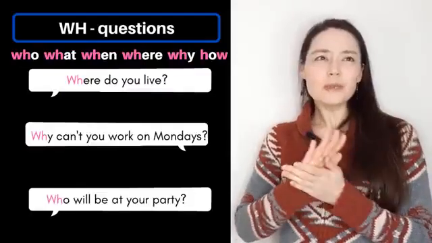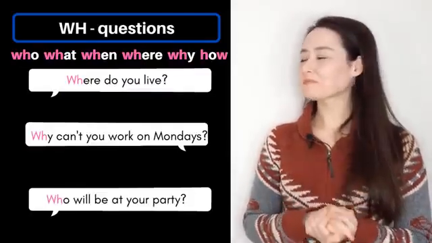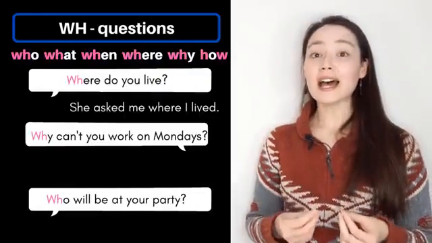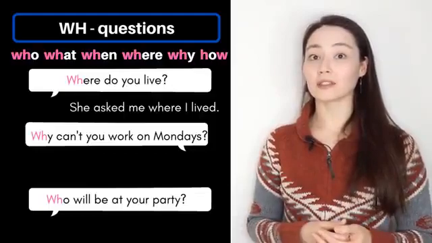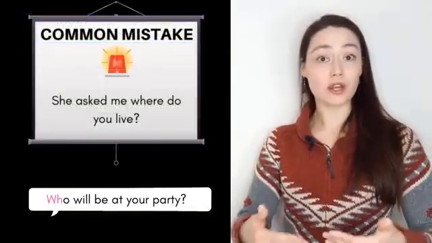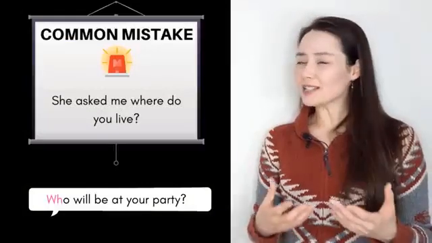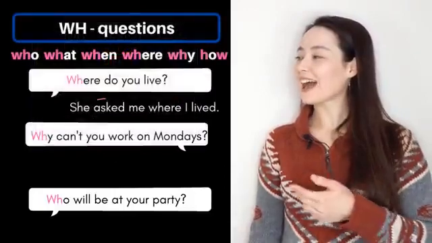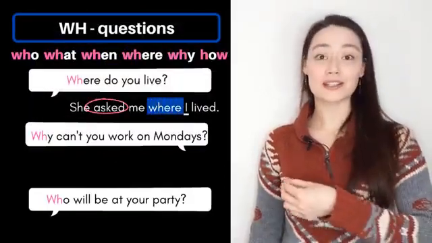Ooh, who will be at your party? She asked me where I lived. Once again, we do not say, she asked me, where do you live? And because it's not a real question, we can drop that auxiliary. Ask, question word, subject, verb.